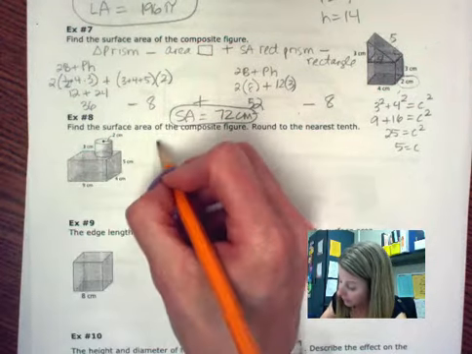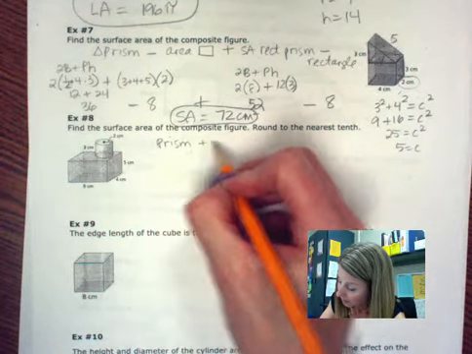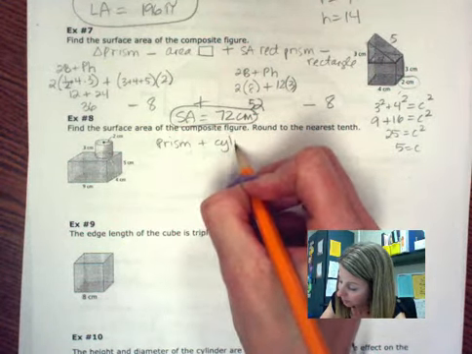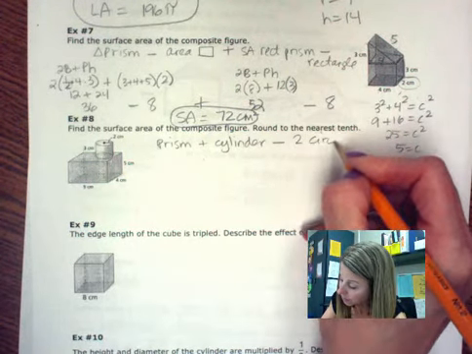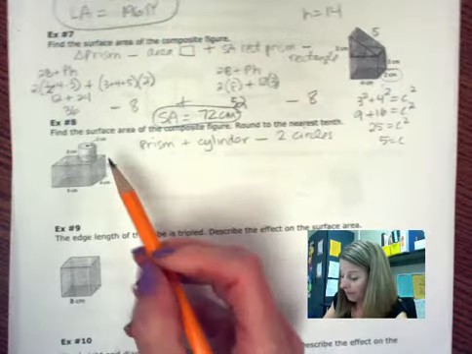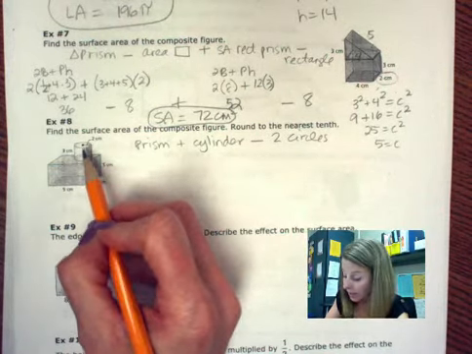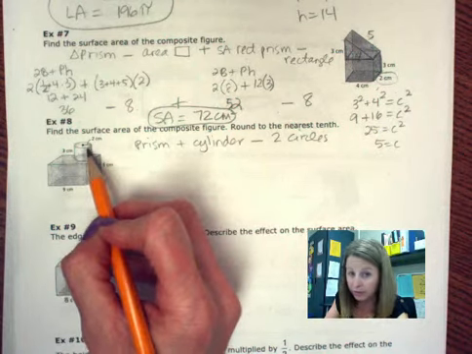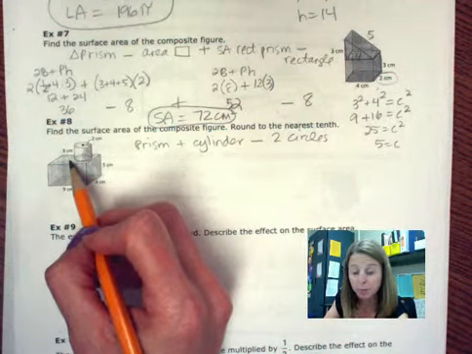So what I have here is I have a prism plus a cylinder minus 2 circles. I have the full prism, the full cylinder, and I have the circle from the bottom of the cylinder missing, and a circle on top of the prism is also missing.